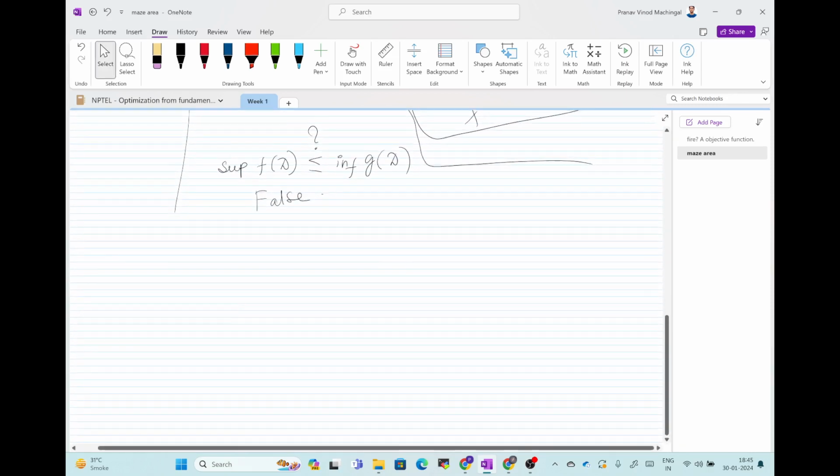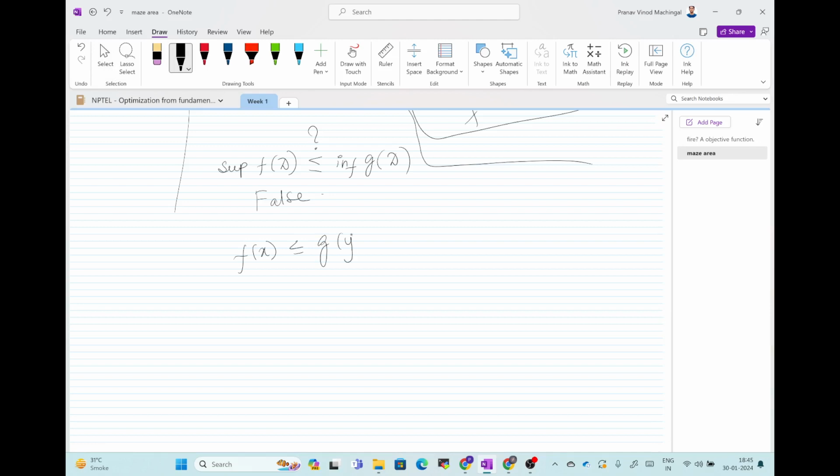Let's say if f of x is less than or equal to g of y for all x, y in D, then is sup f of D less than or equal to inf g of D? Yeah, this should be true, right?